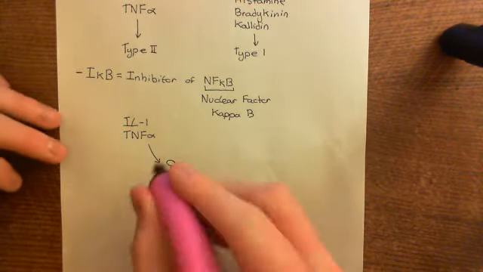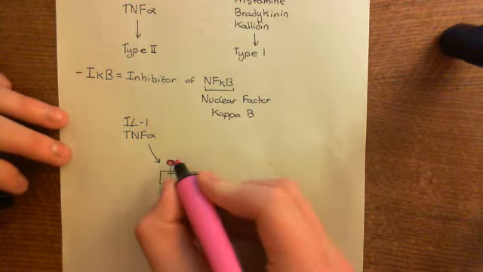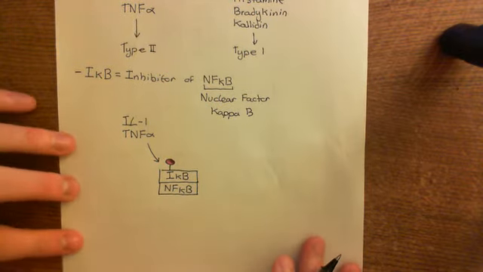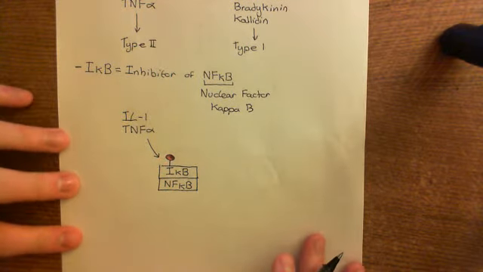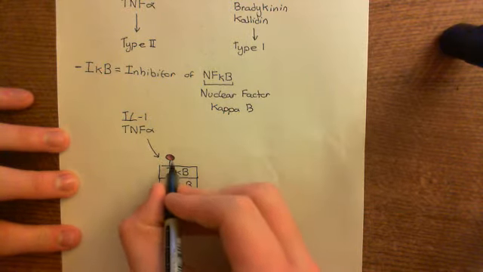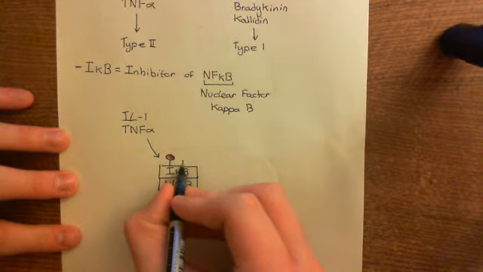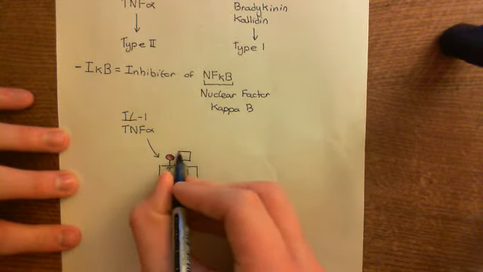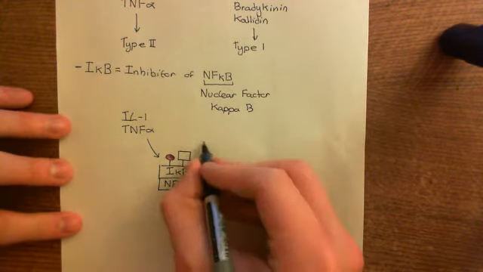So I'll colour this in purple. Now, you might think, great, that phosphate group is going to cause the inhibitor of NF kappa B to break off the NF kappa B, but it's not quite that simple. When you phosphorylate the inhibitor of NF kappa B, it does not break off the NF kappa B, not instantly. Instead, once you've added the phosphate group on, the inhibitor of NF kappa B gets another group added onto it, and this other group is more scary.